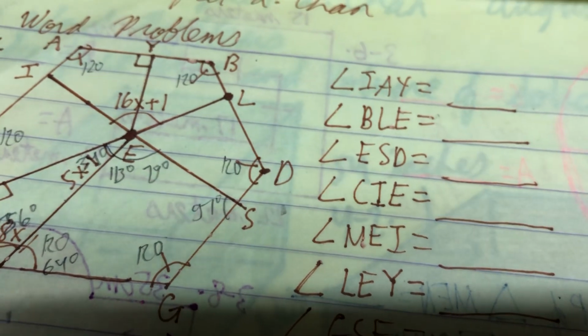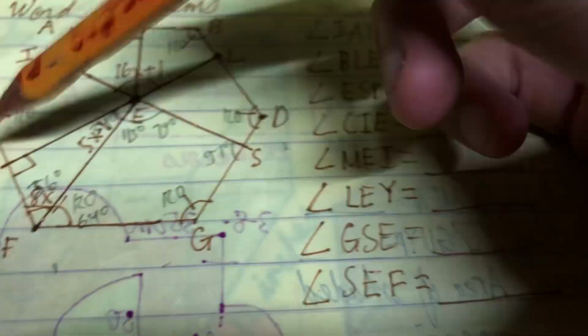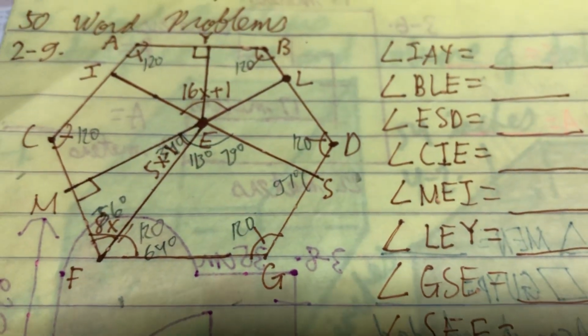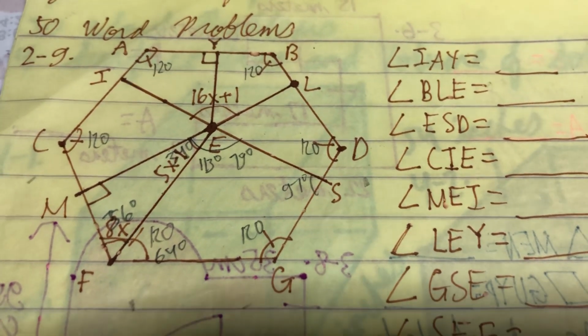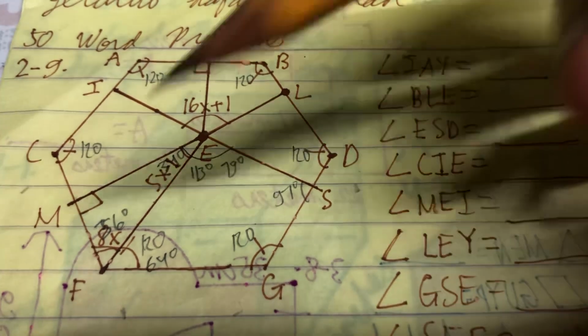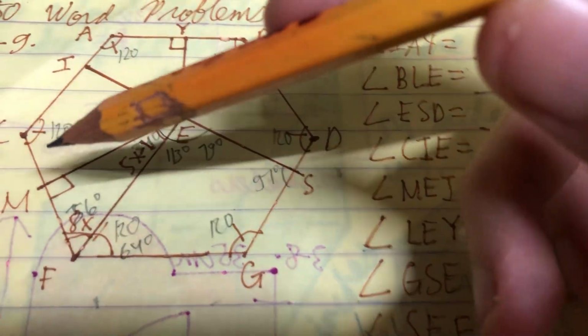Alright? Or if you want another way, this is what will happen. Look at this. Did you know that this is a pentagon, right? You can also do it this way. Remember the sum of the interior angles of a pentagon? It's always 540 degrees. So what you can do is 120, right? You have two 120s, right? And then 90.